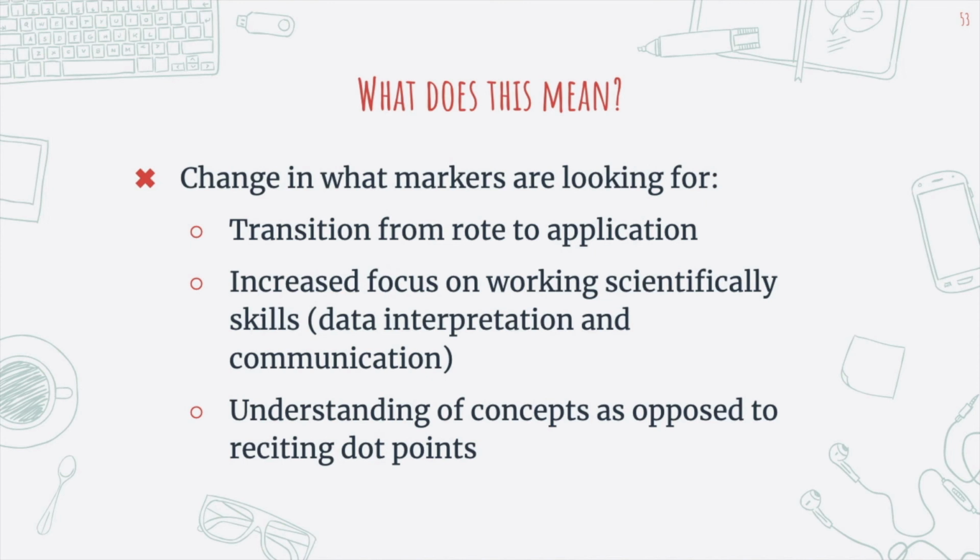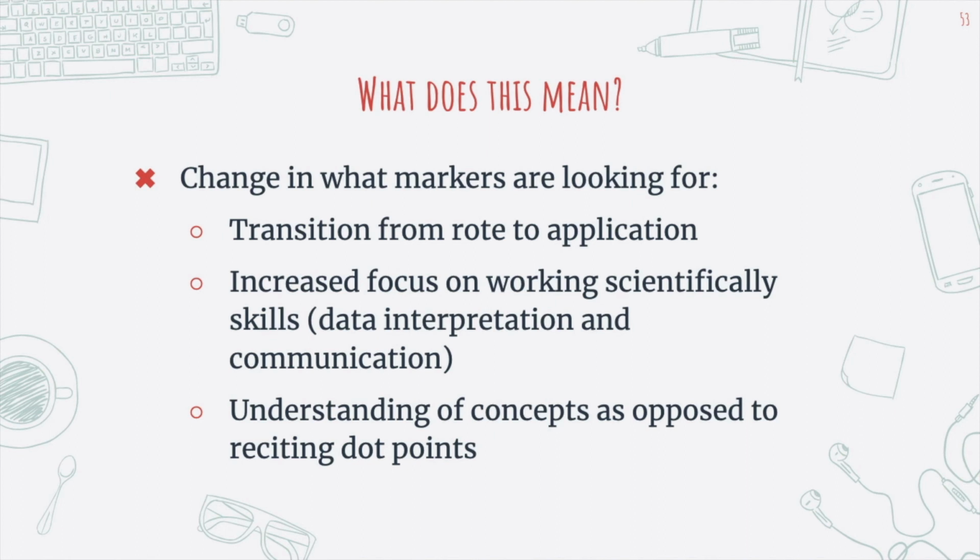We also see that there is an increased focus on the working scientifically skills, in particular data interpretation and communication. We see there is a lot more graphical and tabulated information that the marker is looking for us to use in order to convey our understanding.